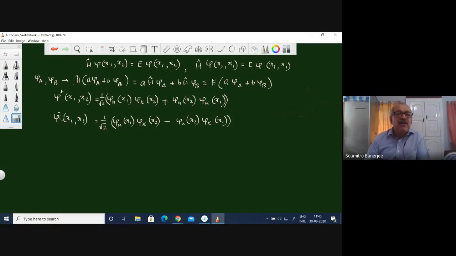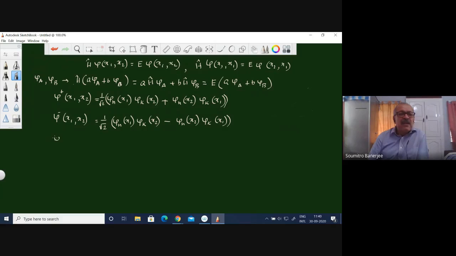Now we need to check whether we have achieved what we wanted to achieve. We wanted to find some kind of eigenfunction that is either symmetric or antisymmetric, which will then be able to represent identical particles. Now, let us do it for the negative one, and I'll leave it to you to do the positive one. So for the negative, because I've written it, I can continue with that.